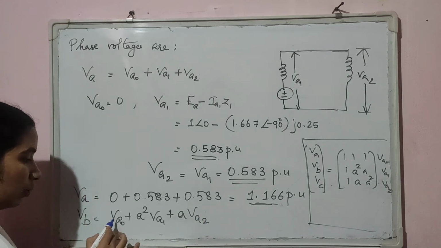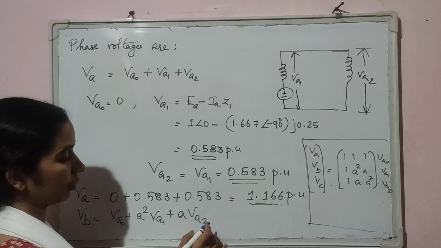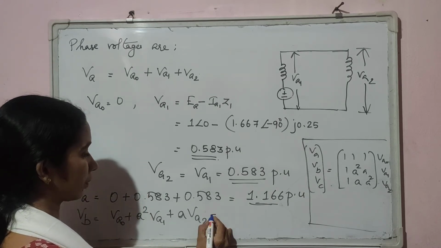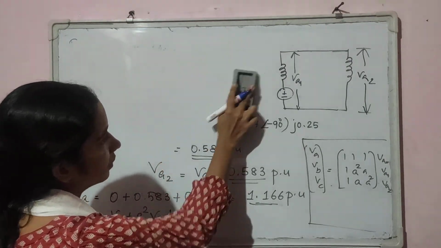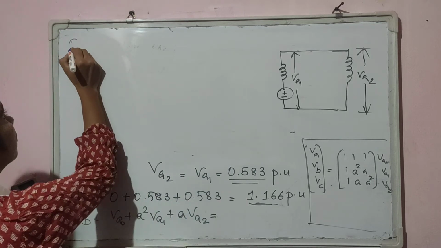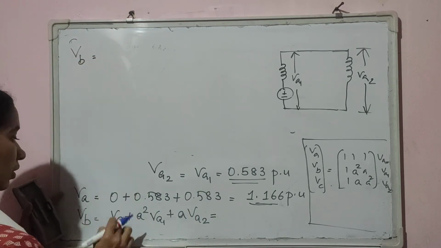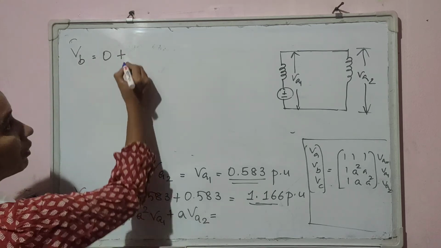Okay. Now VA0 is 0, A square into VA1 plus A into VA2. So let us write it here. VB is equal to VA0, which is 0, plus A square into VA1.